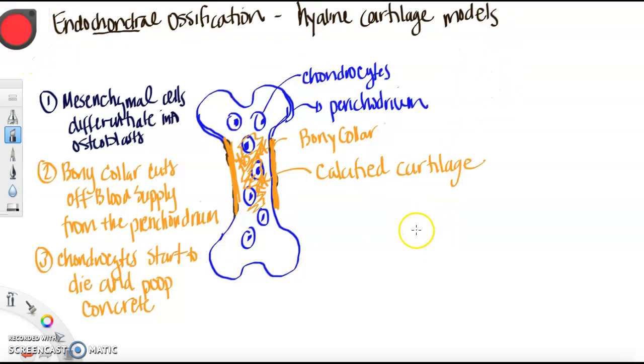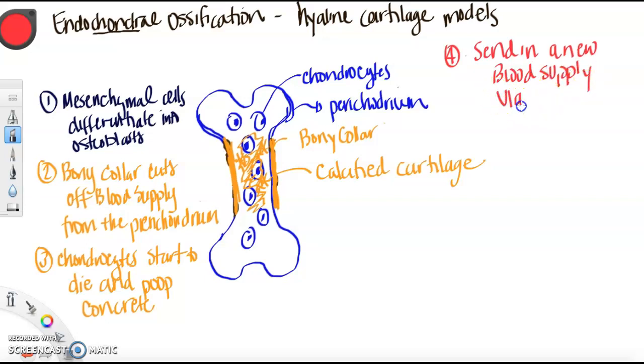The nervous system basically alerts and sends in a new blood supply via the periosteal bud. So it basically sends a vessel in here.